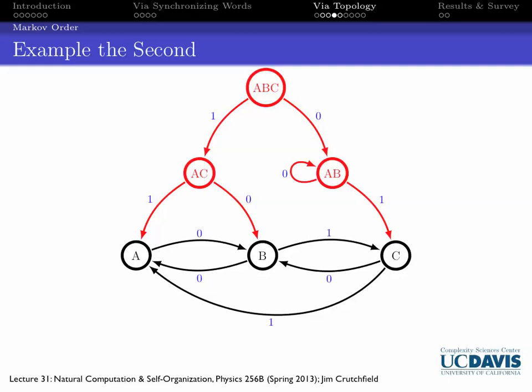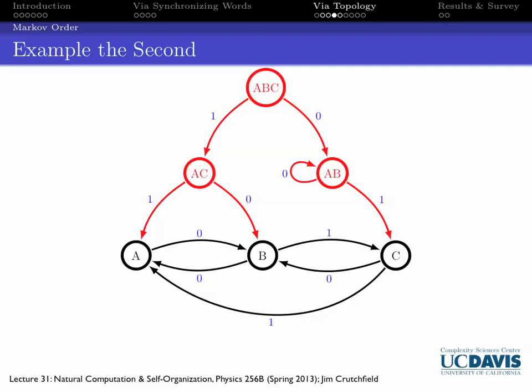So the longest path from here down to one of these states is infinite in length because I can take this loop as many times as I want. And if we look down here, that's equivalent to going back and forth between these two states upon seeing a 0. We won't know exactly whether we're in A or B if we just see a bunch of zeros.